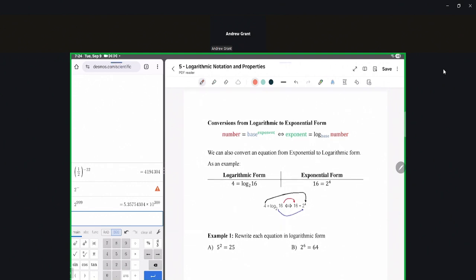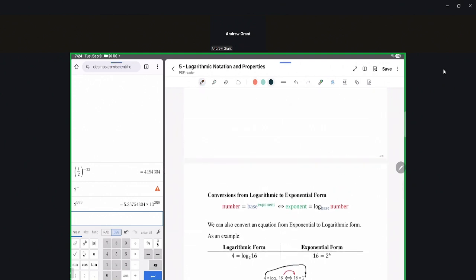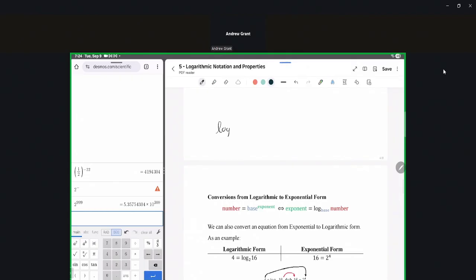And it's worth noting that when I talk about log base something, so if I have log base 2 of x or log base 3 of x, this is the same kind of base I'm talking about as, say, 2 to the power of x or 3 to the power of x. So when I talk about base, you want to be thinking log base 2 as being the same thing as 2 to the power of something.